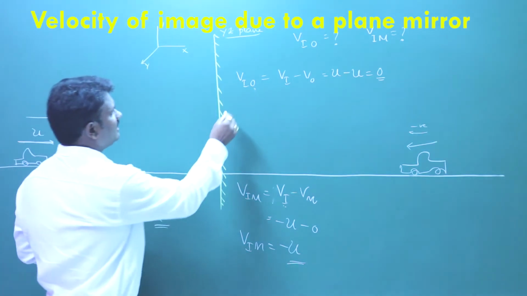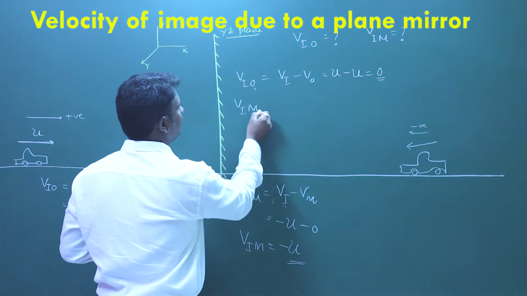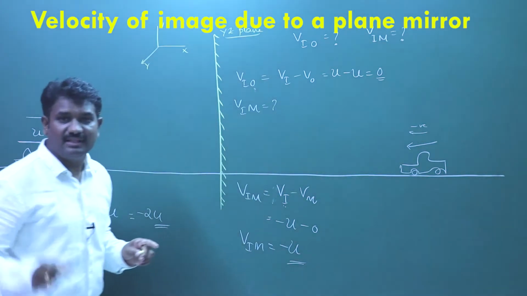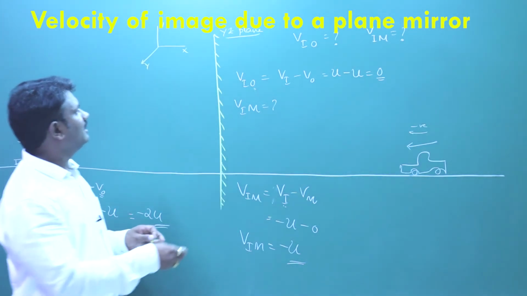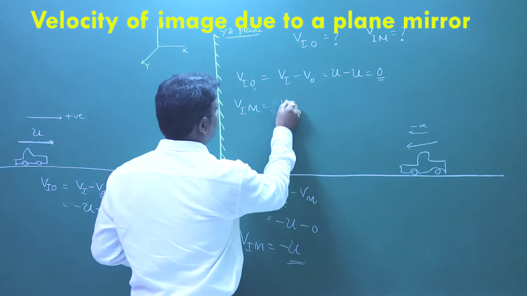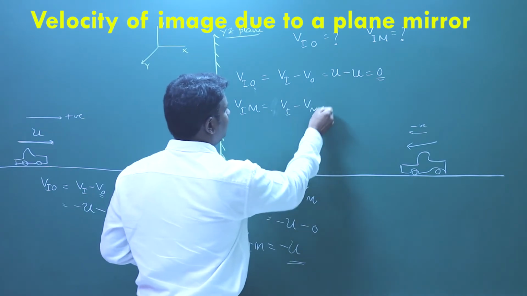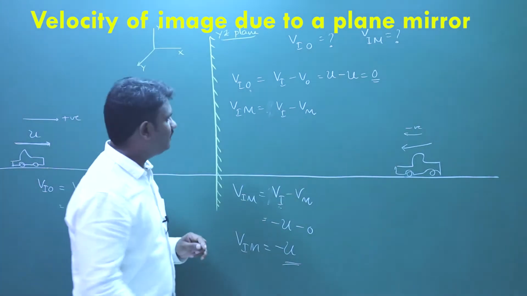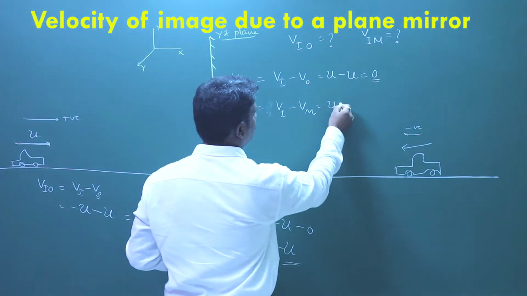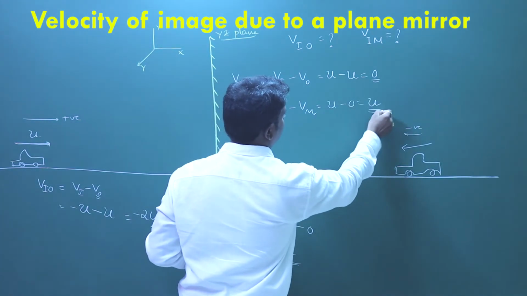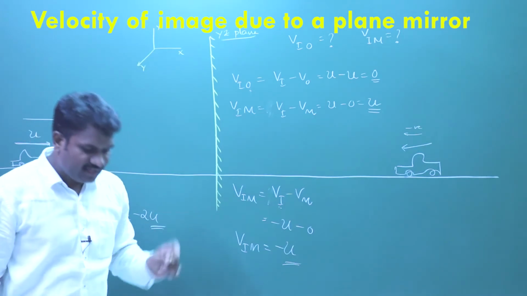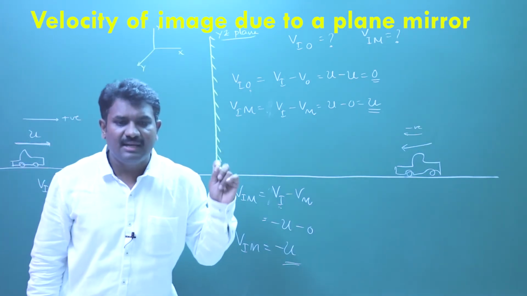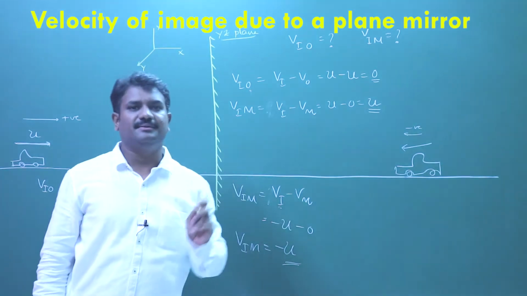Now, what is the velocity of image with respect to the mirror? That is our question, when the object is moving along the plane. Here our relative velocity formula is velocity of image minus velocity of mirror. The velocity of the mirror is 0, and the velocity of image is u. So, u minus 0 equals u. That's all. So, this is the velocity of image with respect to the mirror when the object is moving along the plane of the mirror.